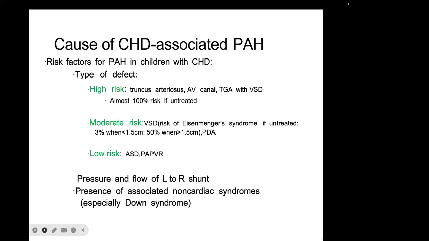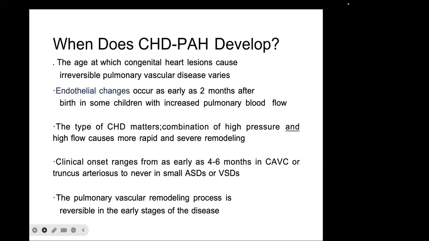Moderate: VSD, leading to Eisenmenger's syndrome if untreated, 3% when less than 1.5 centimeter, 50% when more than 1.5 centimeter, and patent ductus arteriosus. Low risk: ASD. Also PVR, pressure and flow of the left to right shunt, and presence of associated non-cardiac syndrome, especially Down syndrome.